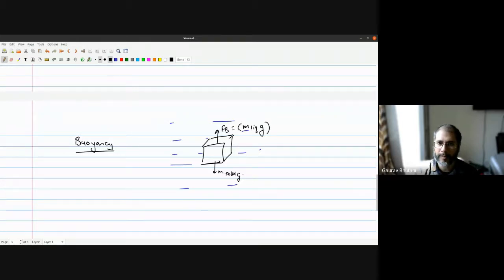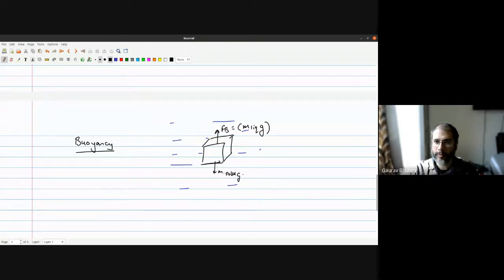Now mg is something which acts because of the universal law of gravitation, G m m by r square, and that basically becomes m solid times gravity. So there are overall just four kinds of forces. Which kind of force?